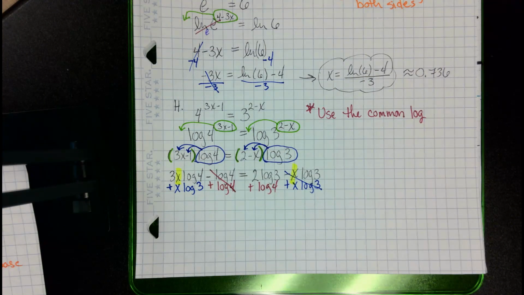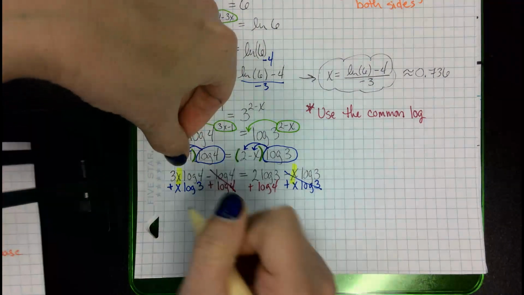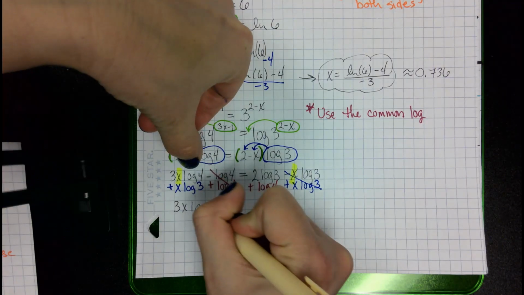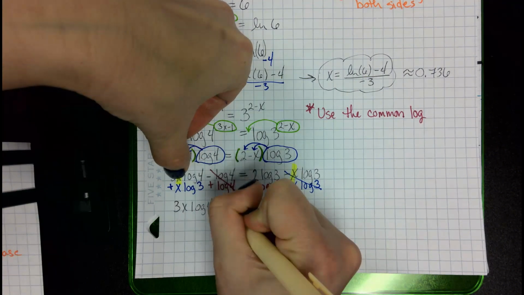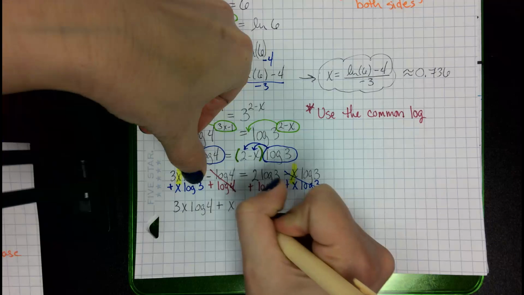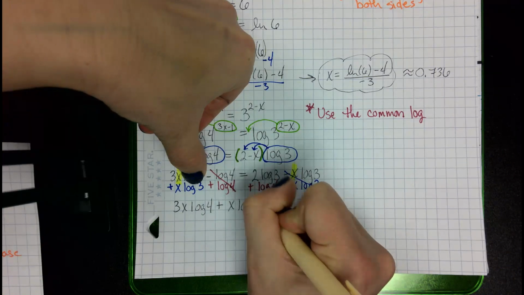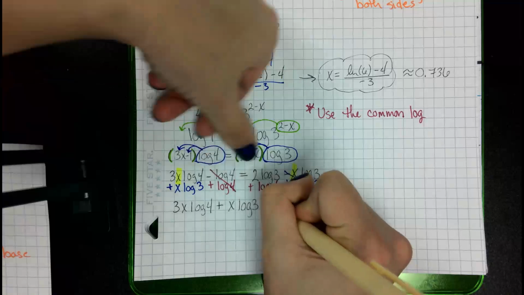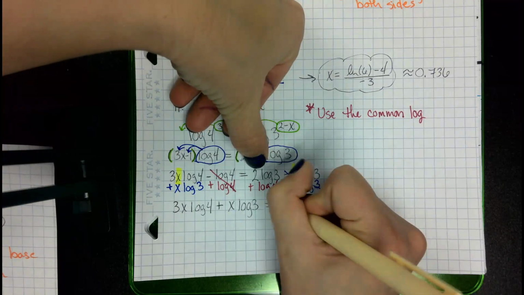So I'm just going to rewrite the stuff I moved around. So I start here, I have 3x log 4 plus x log 3. And these canceled. That equals what I had already, 2 log 3.